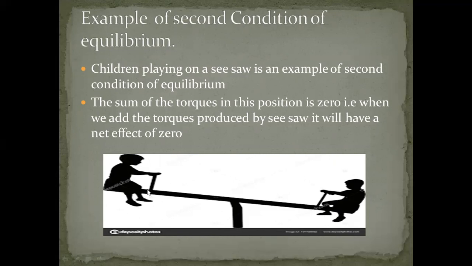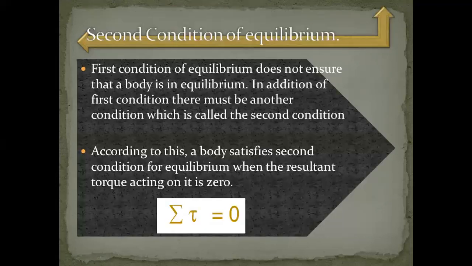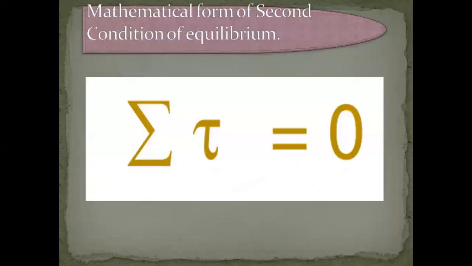When you add these torques, clockwise and anti-clockwise, the answer would be 0. So it means that in the seesaw, the second condition of equilibrium is satisfied. This is the second condition of equilibrium.